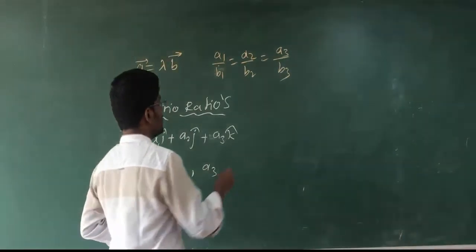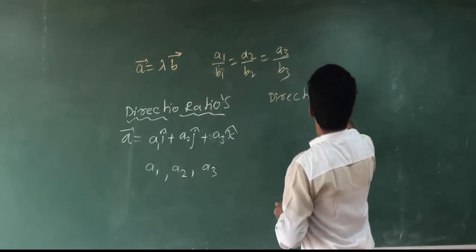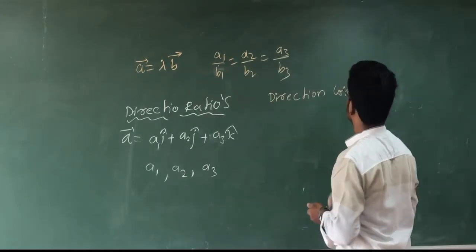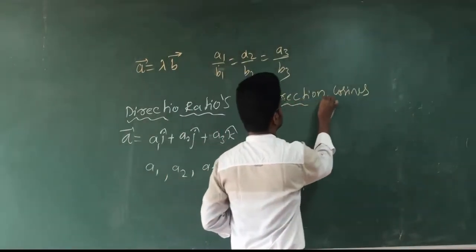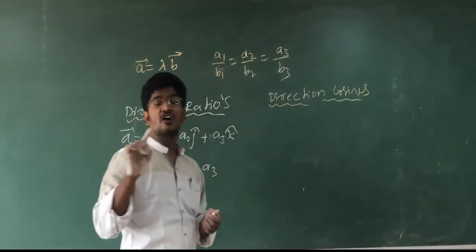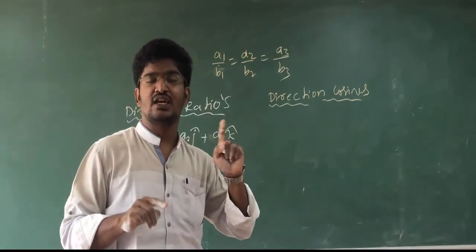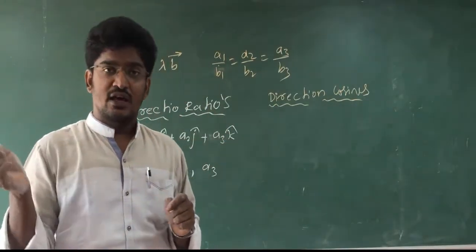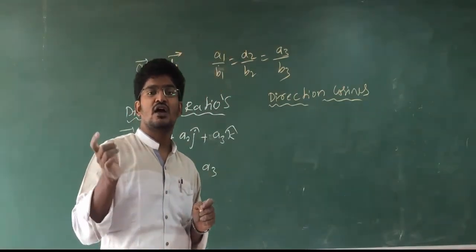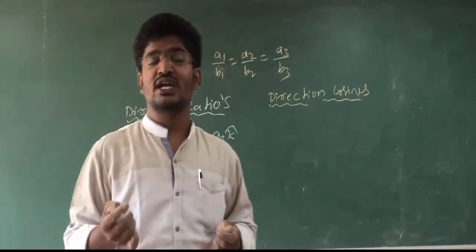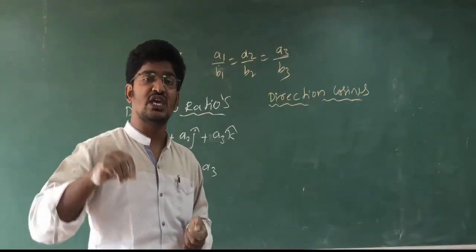Okay, coming to direction cosines, very important. Direction cosines means the cosine of the angle alpha defined by the x-axis with the given vector, the angle beta defined by the y-axis with the given vector, and the angle gamma defined by the z-axis with the given vector.